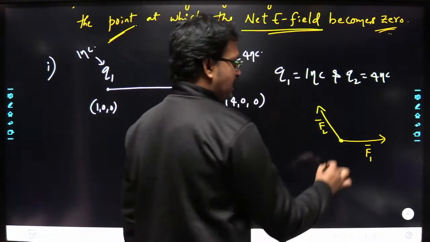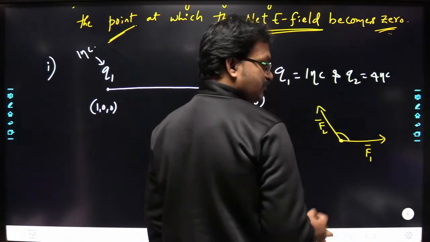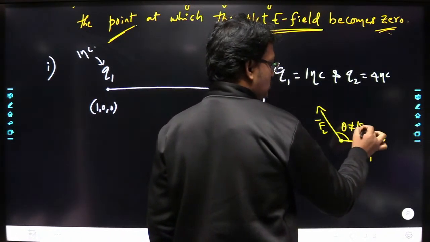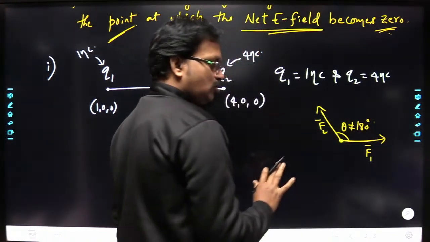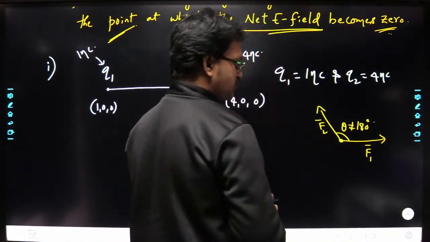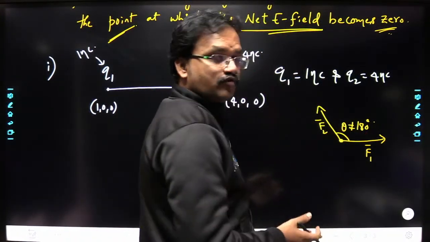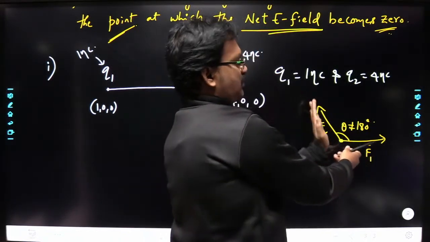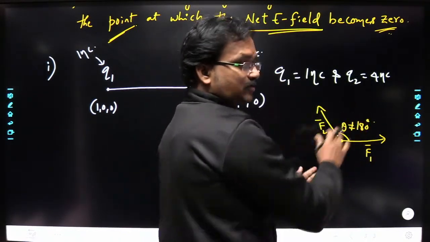So now here the angle between these two, that is theta, is not equal to 180 degrees. Right? Okay. So under this situation, you are going to have some resultant force or not? Here one force is acting in this direction, another force is acting in this direction. So you are going to have some resultant force.